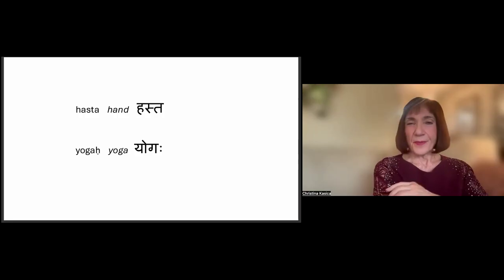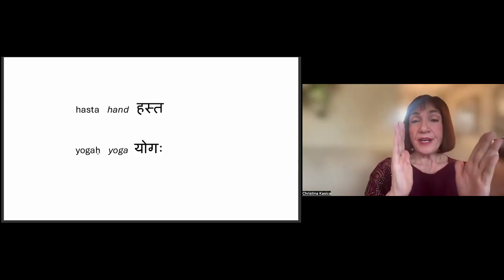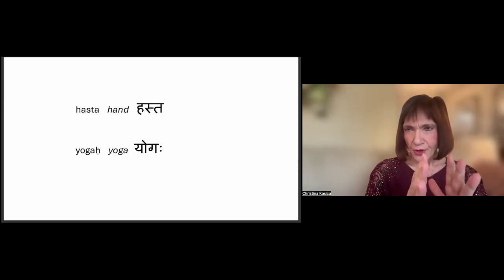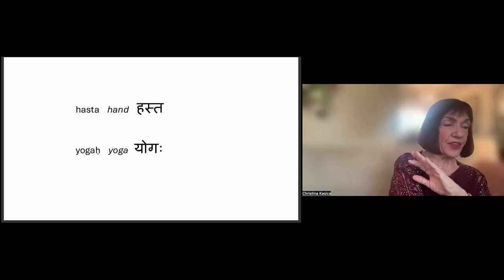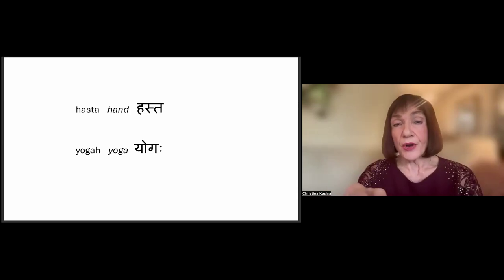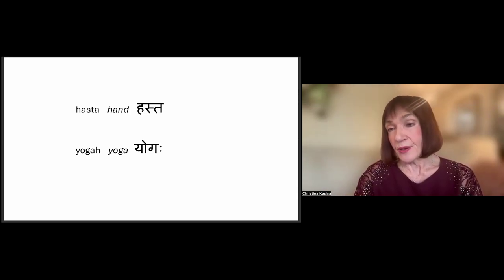When the two are put together, and they should be touching, I'm sorry about the font, you know there's no vowel in between them. But because there is no marker after the ta, you know there's an a sound after the ta. So it's hasta.